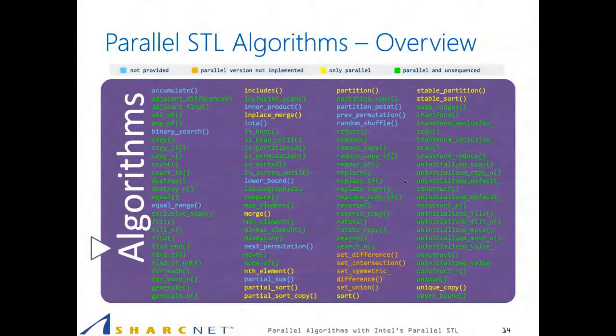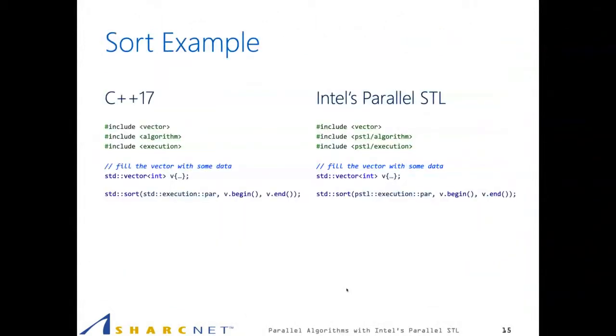actually, so they are not in the parallel STL. If you want to use the same sort example, this is the C++17 version. If you want to use the Intel Parallel STL for that, the difference is that you just add pstl/ to these two headers, for example. And rather than using std for the execution policy, you use pstl.